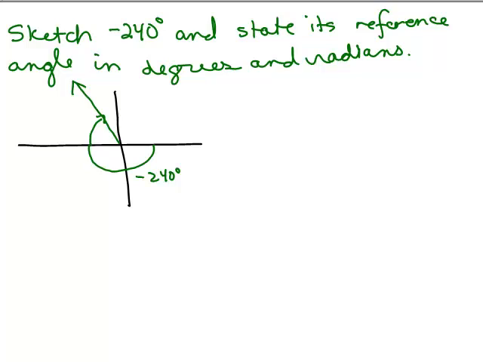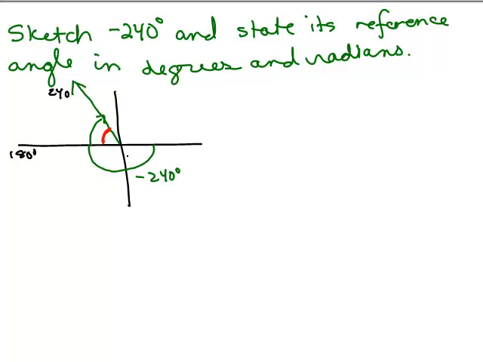So I've sketched the angle, and then I want to know what the reference angle is. So the reference angle is this angle here. Remember, it's the angle that the terminal side makes with the x-axis. All right, so how could you figure that out? Well, it's 180 degrees here, and 240 here. You could just subtract those numbers.